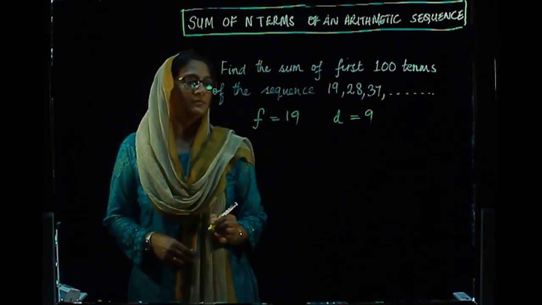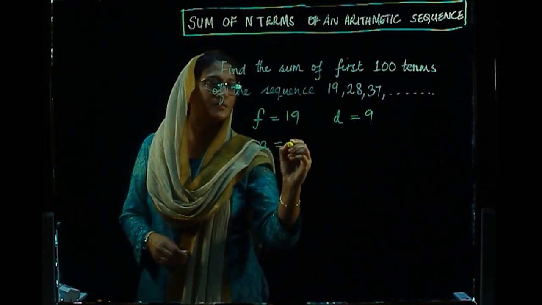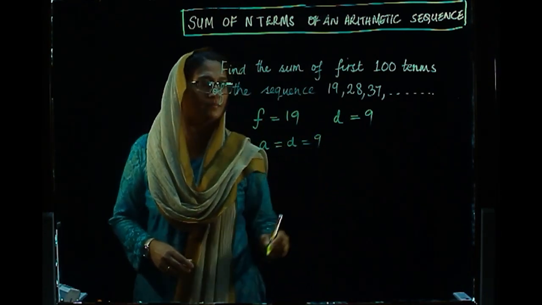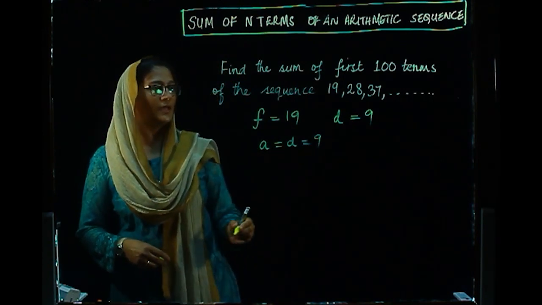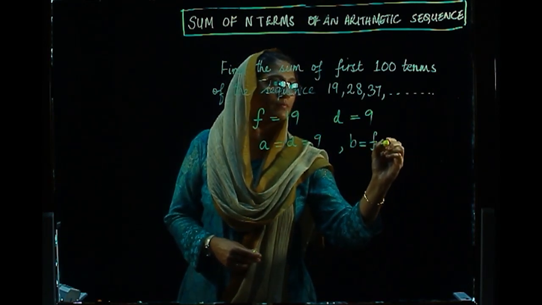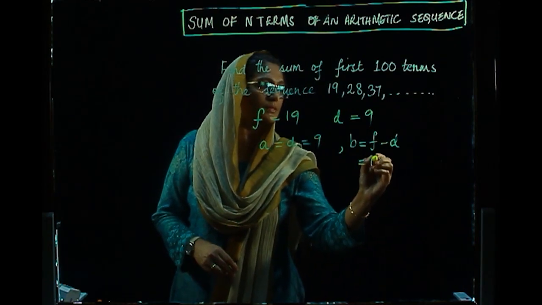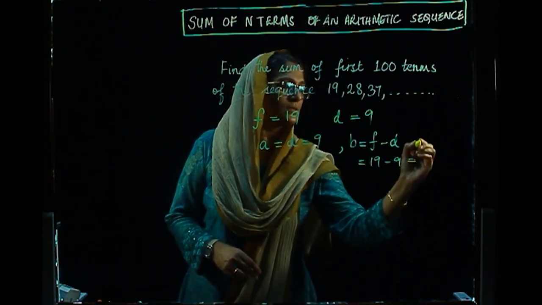Using these two, I can find a. A is the common difference, that's equal to 9. And b is the first term minus the common difference, that is 19 minus 9, which is equal to 10.